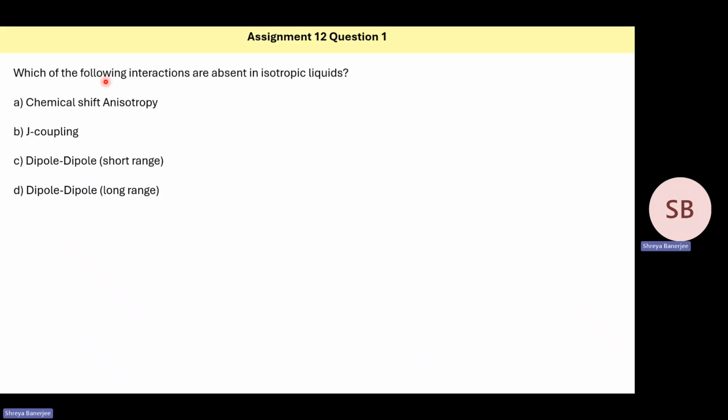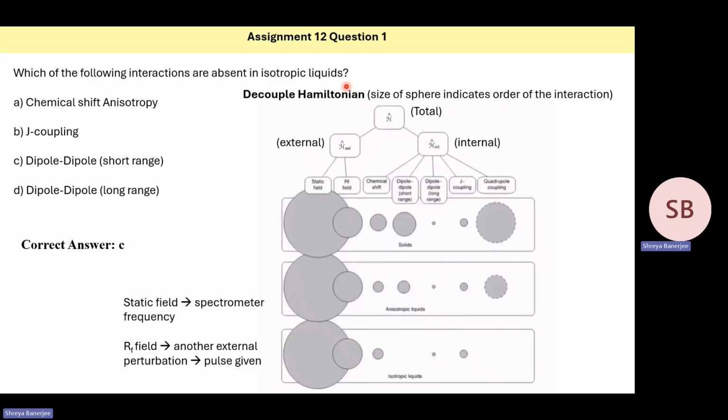So this is problem 1 of assignment of week 12. Which of the following interactions are absent in isotropic liquids? Now, if you remember the decoupling of the Hamiltonian, Hamiltonian basically gives you the total energy, and that can be divided into the external and the internal energy. The external energy comes from two contributions.